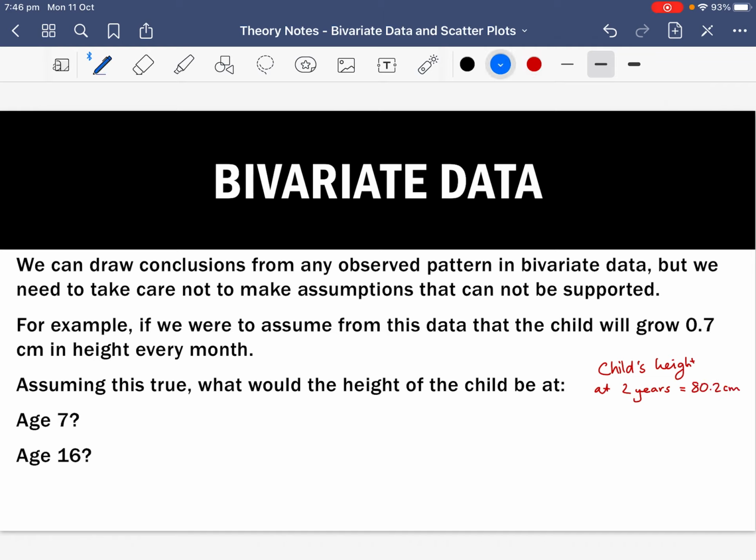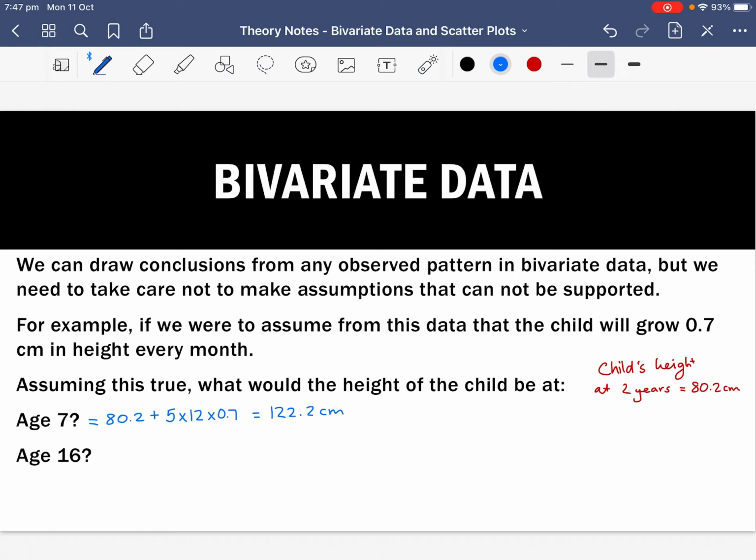So at 7 years, it will be equal to 80.2 centimetres, plus we now need to go 7 minus 2 years, which is 5 years. So it'll be 5 times however many months there are in a year, which is 12, times the average centimetres that will grow, which is 0.7. So when we put this into our calculator, we get that the child would be 122.2 centimetres tall. So this is reasonable.